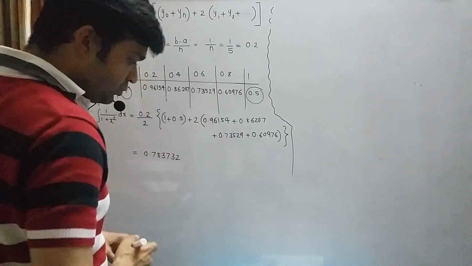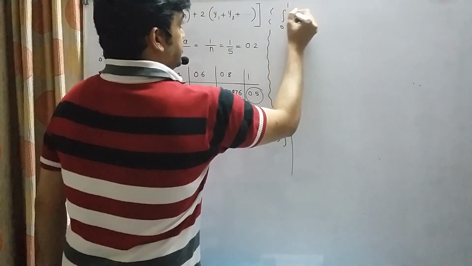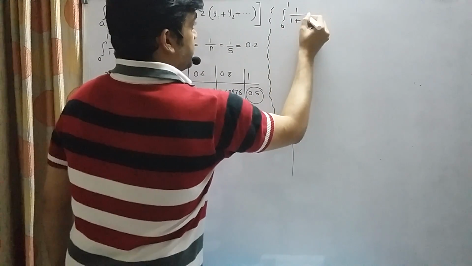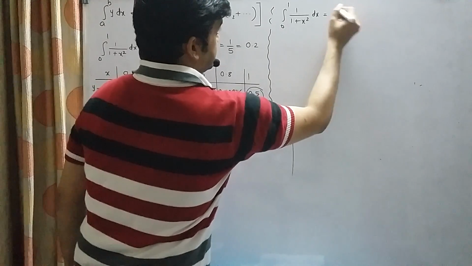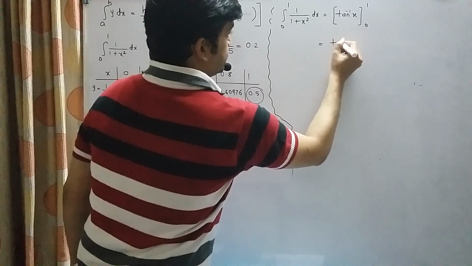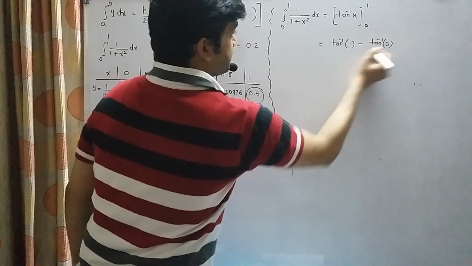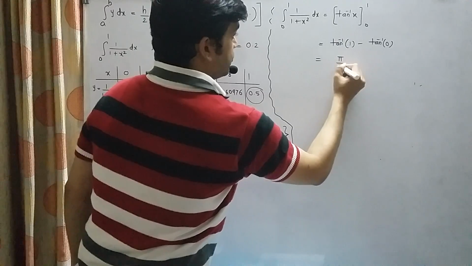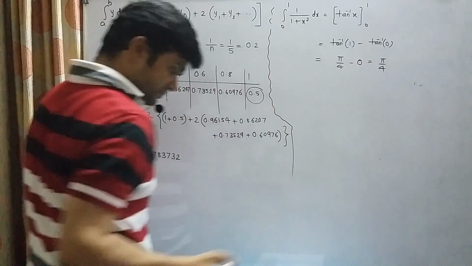Now what you can do is consider this integral 1 by 1 plus x square dx, and you know it is tan inverse of x from 0 to 1, which gives you tan inverse of 1 minus tan inverse of 0, which is pi by 4 minus 0, that is pi by 4.